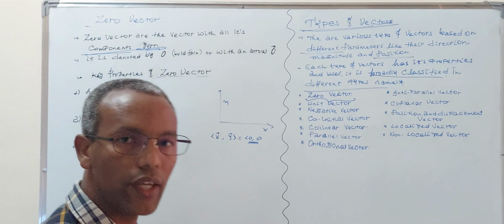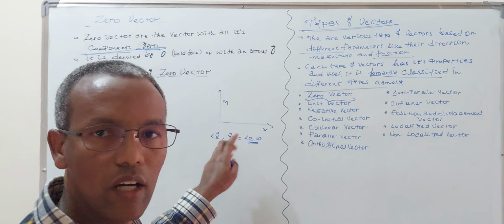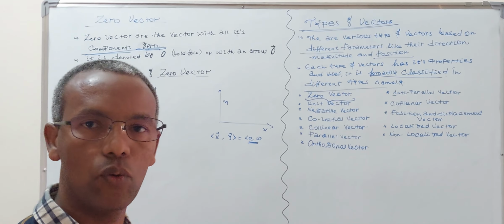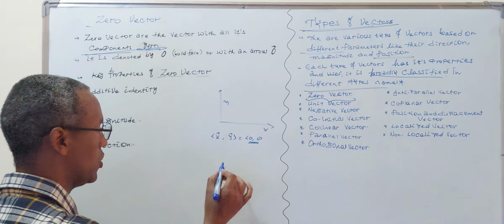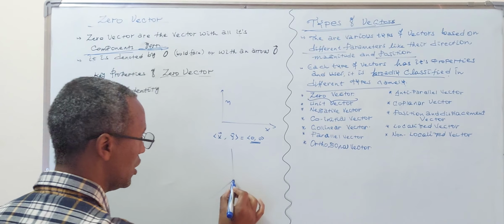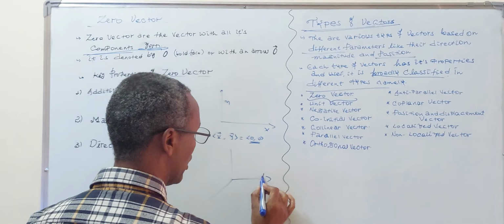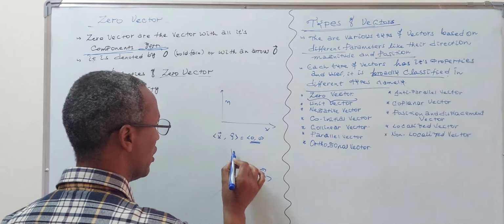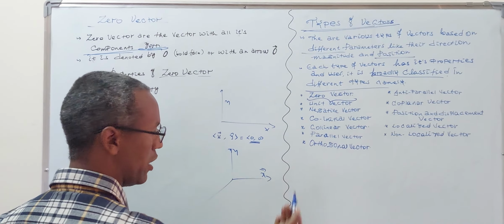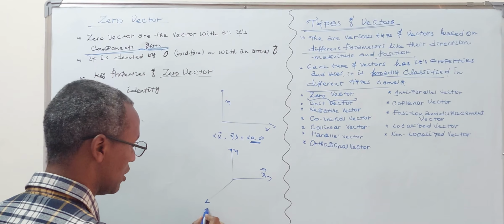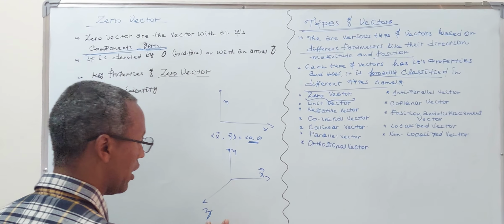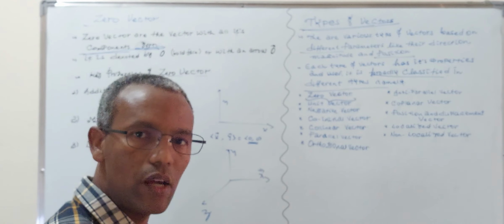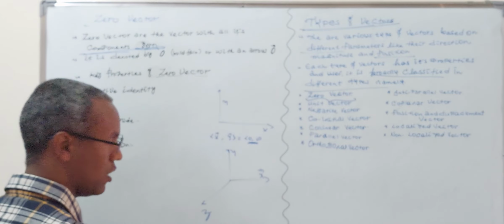This is for a two-dimensional vector, but if you want to represent a vector in three dimensions, you can represent it like this. Let's say this is the x coordinate, and this is z. This is a three-dimensional or 3D vector.